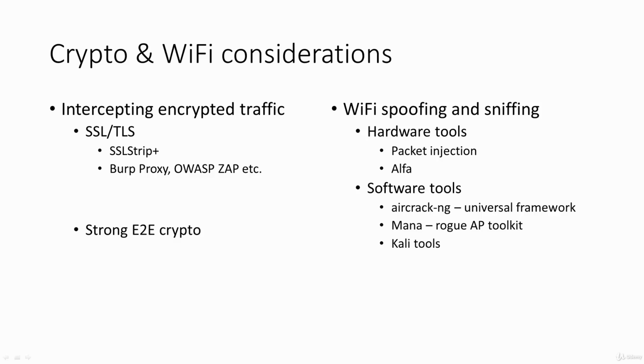What to do when you encounter strong end-to-end crypto, like in, I don't know, iMessage, Signal, or Viber, or WhatsApp, or secret chats in Telegram. Practically right now, these types of communication are deemed quite protected. I don't know of any publicly available means of circumventing that protection.